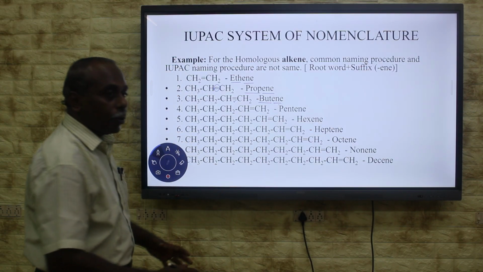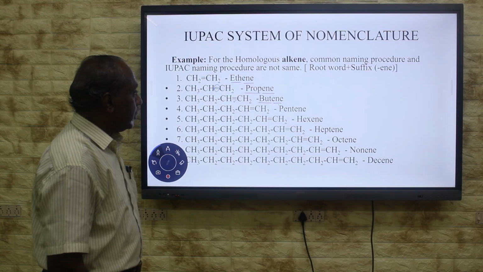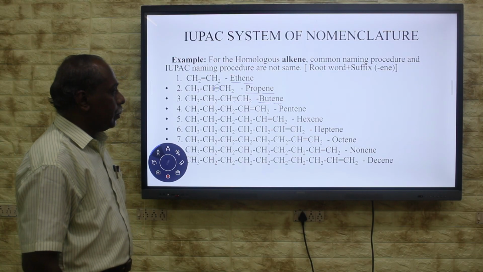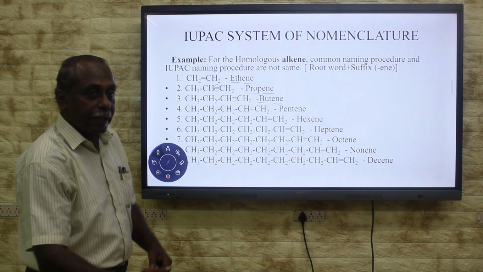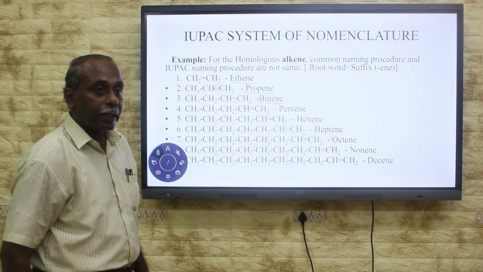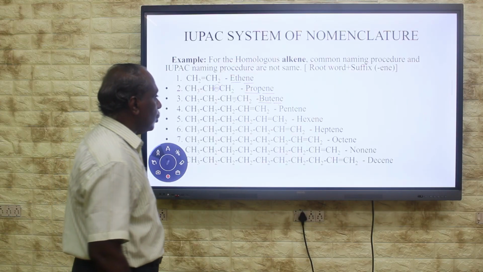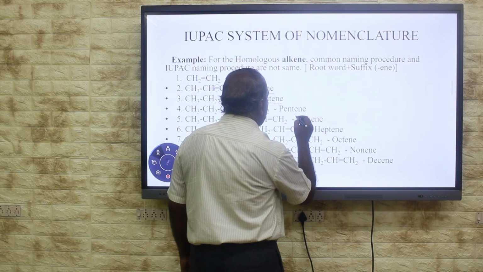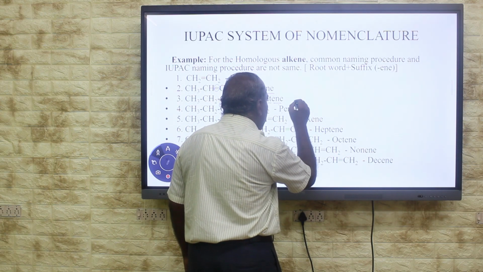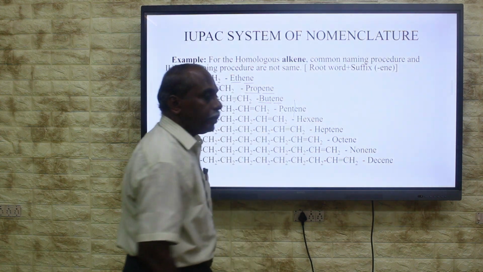In that manner, we are going to write the IUPAC name for alkenes. Similarly, when the IUPAC name is given, you can write the structural formula. I will take 1 or 2. Here, pentene. You split the name into fragments.